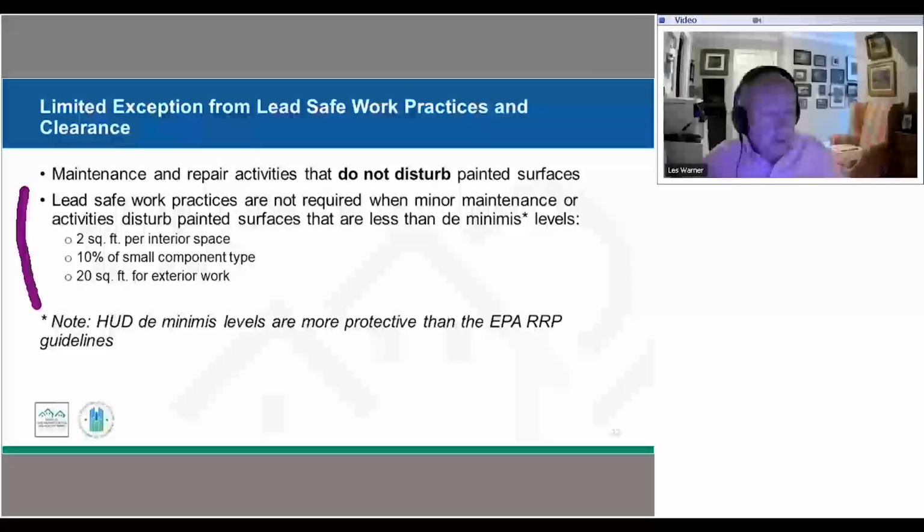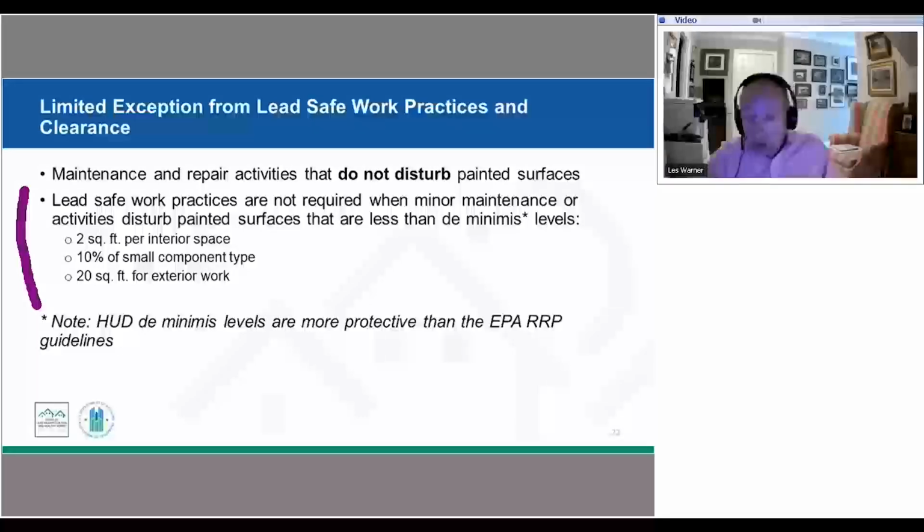But if our work area is going to include painted surfaces that are going to be disturbed, then we do also have the de minimis calculation. On a case-by-case basis, look at the area that's going to be disturbed. If it is less than our 2 square feet per interior space, then we could operate under the de minimis rule and be exempt from the lead-safe work practices.